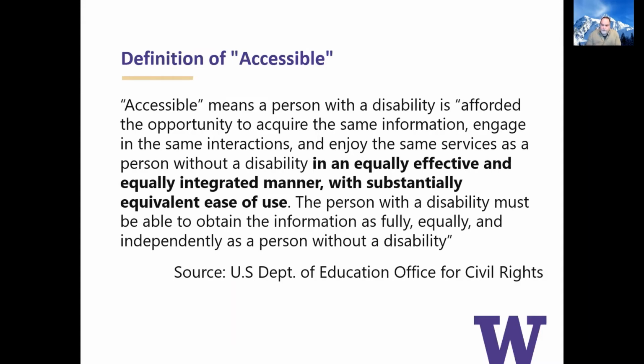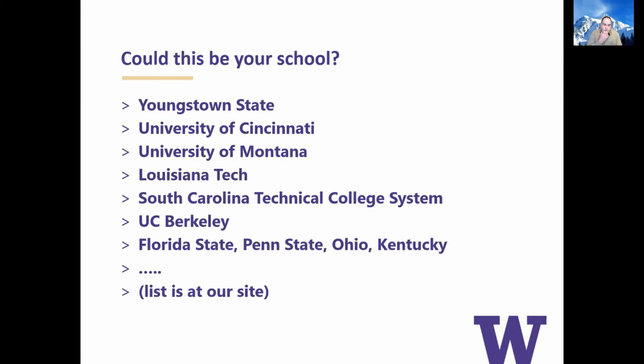To wrap this up, the person with a disability must be able to obtain the information as fully, equally, and independently as a person without a disability. And that's language that we've seen in various interactions that the OCR, Office for Civil Rights, and the Department of Justice has had with different institutions.